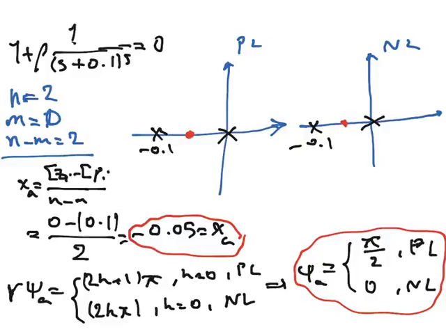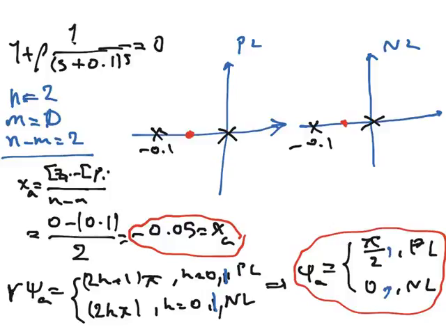Here, instead of having h equal to only 0, we should have h equal to 0 and h equal to 1, because we have two asymptotes. So here h is equal to 0 and 1 for both cases. Accordingly, we will have two angles in each case.